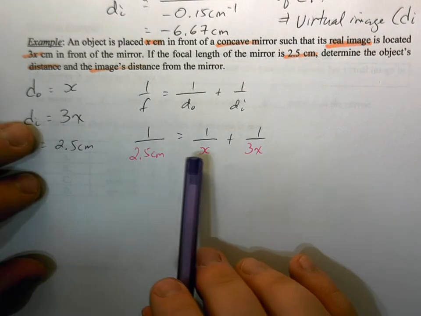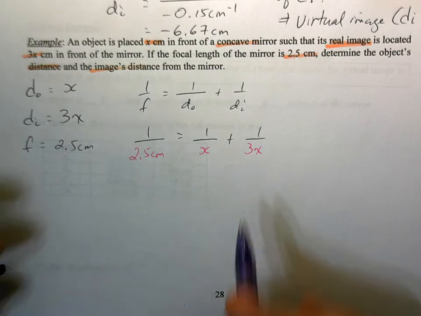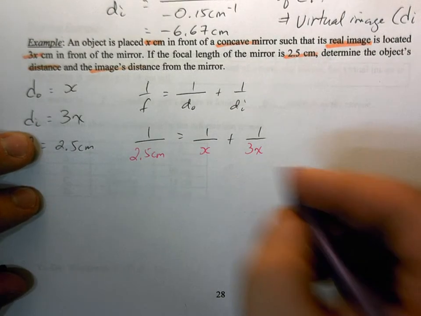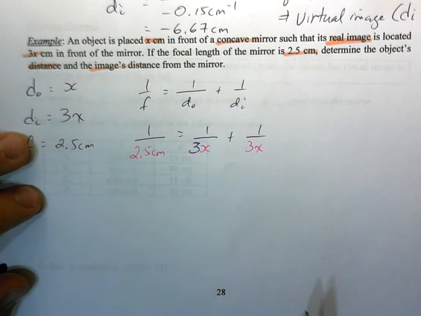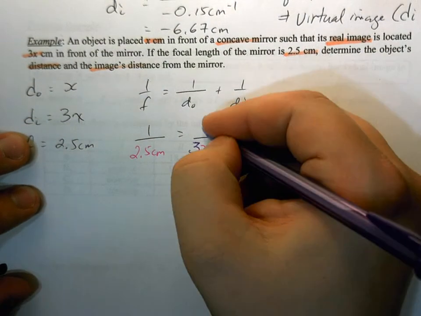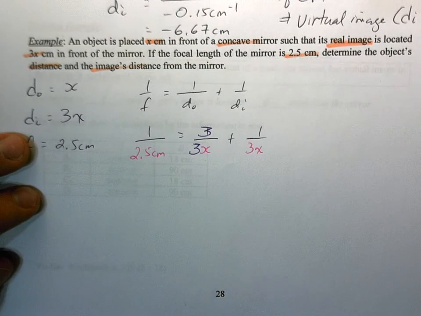What we'd like to do is combine this here. Well, I can't combine denominators when they're not the same. Like x and 3x aren't the same. But we can make a common denominator out of these. Because the way to make x into a 3x, well, we just have to put a 3 in front. But remember, what we do to the top, we have to do to the bottom. So instead of saying 1 over x, we can say this is 3 over 3x.